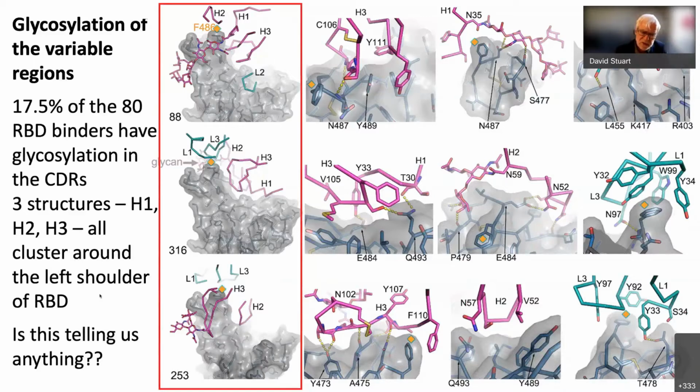Almost 20% of the 80 receptor binding domain antibodies that we looked at are glycosylated. We all know that antibodies are glycosylated in the constant region. That's structural. It helps the antibody be stable. But these were glycosylated in the complementarity determining regions.